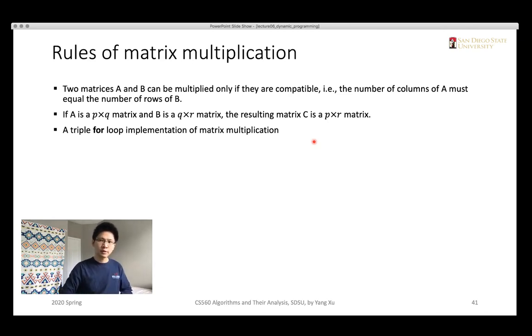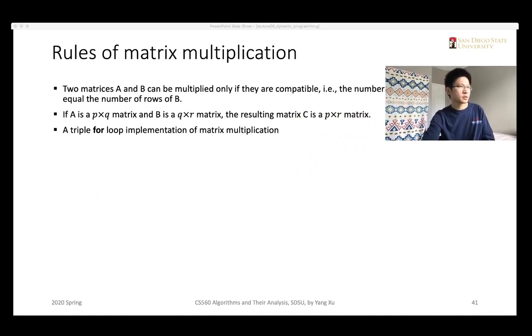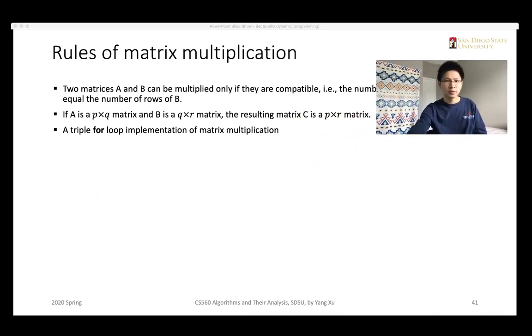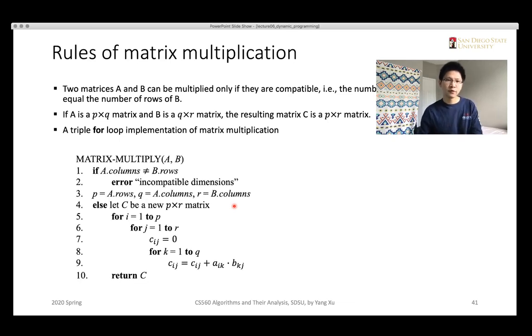We're not doing any fancy optimization like Strassen's algorithm, because our point here is not about making the product between two matrices fast, but we really care about how to select the best way of parenthesizing matrices so that we have the minimal amount of computation needed.